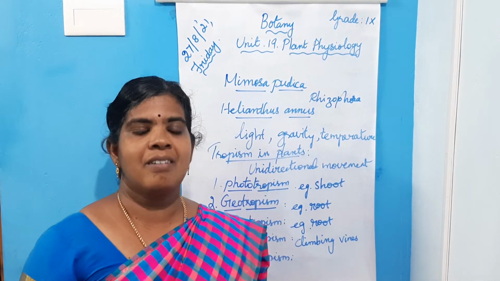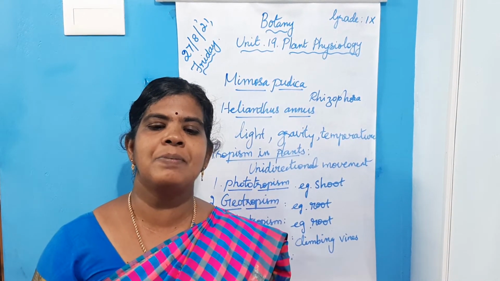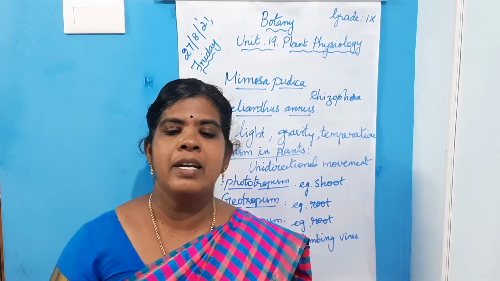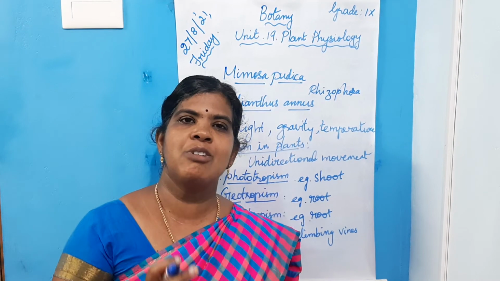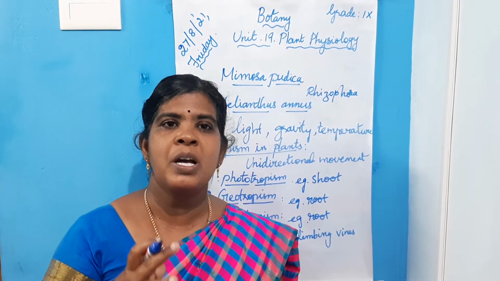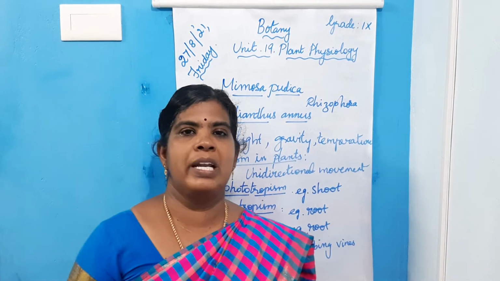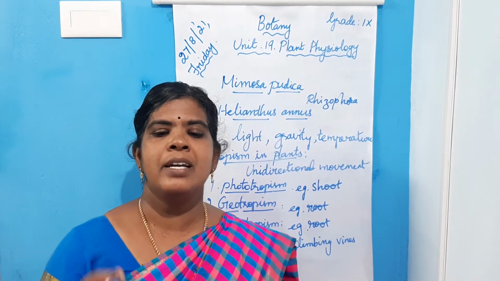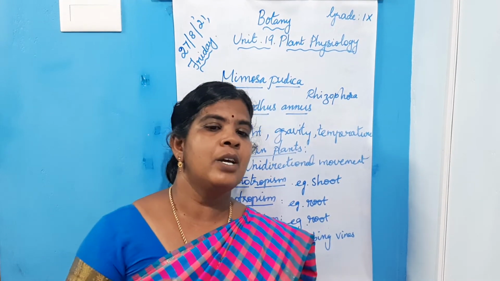Those roots are called respiratory roots. These halophytes develop negatively geotropic roots, because these roots grow upward from the soil level. These are called respiratory roots.